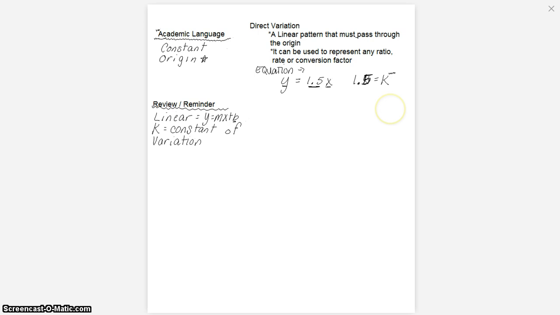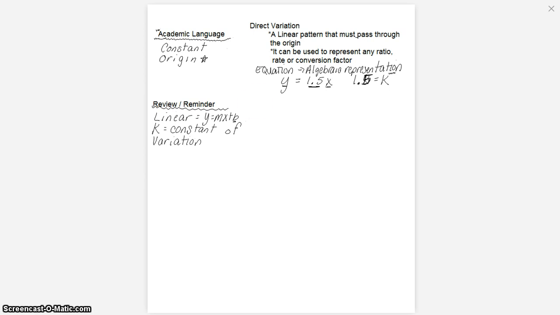Or an algebraic representation. Okay, because we'll use that a lot. You'll notice we use algebraic representation a lot in our CLOs at the beginning of the day. So what does this look like as a table?